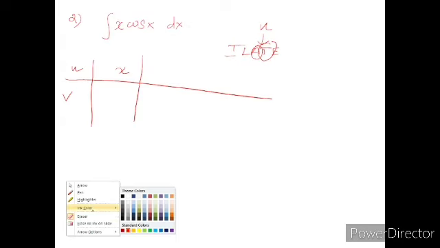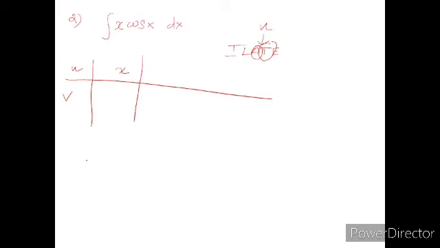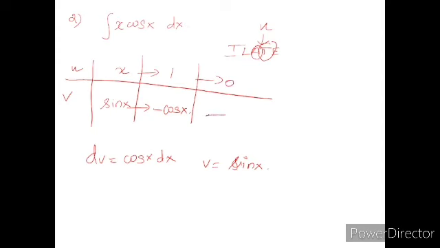So that is the main thing you have to remember. So dv here is cos x dx. What is my v? If you integrate this, cos x gives sin x, correct? Sin x is my v. So I am going to write here sin x. So if you differentiate x, you will get 1. If you integrate this, you will get minus cos x. Then you will get 0, so you no need to bother about this.